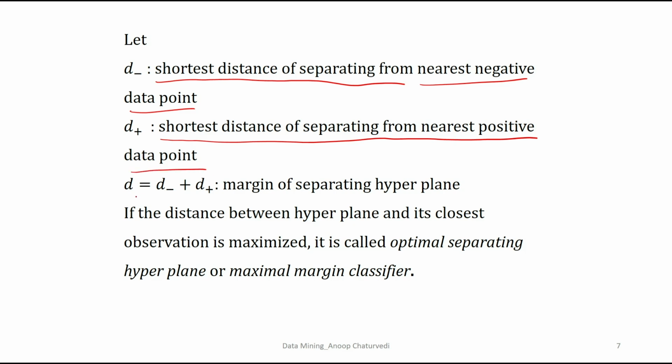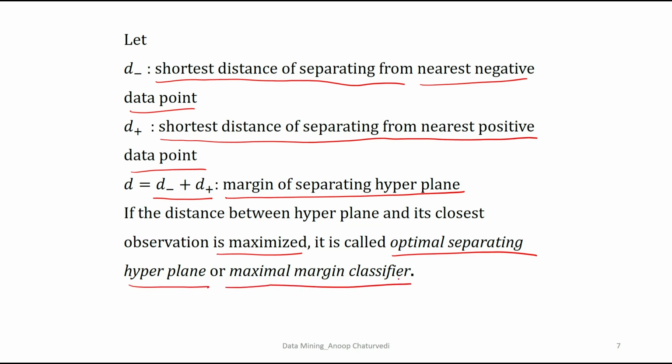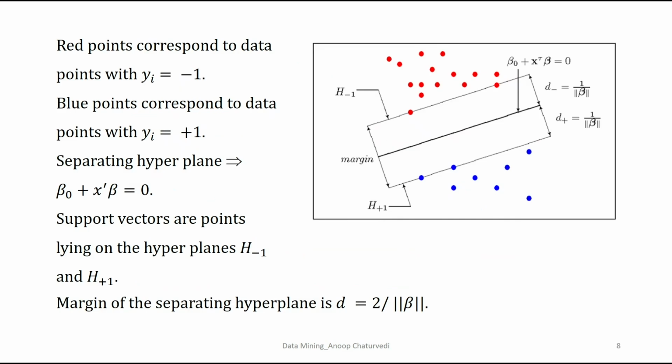Then d equal to d minus plus d plus is the margin of the separating hyperplane. And if the distance between the hyperplane and its closest observation is maximized, it is called the optimal separating hyperplane or maximal margin classifier.